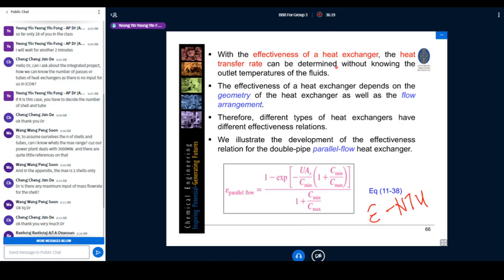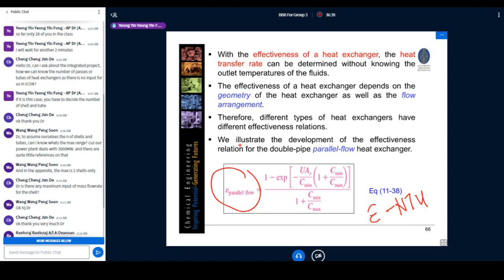The effectiveness of a heat exchanger depends on the geometry of the heat exchanger as well as the flow geometry. For example, this is the parallel flow double pipe heat exchanger. Without knowing the temperatures, you can get the effectiveness.